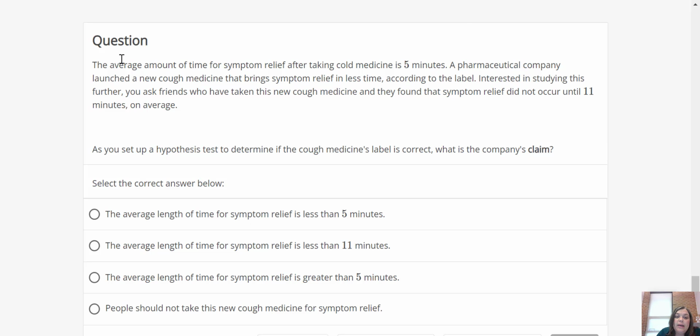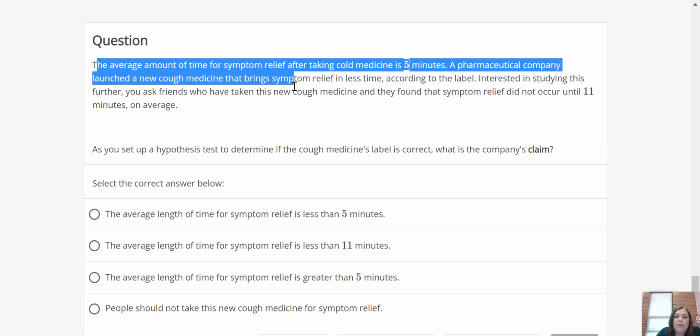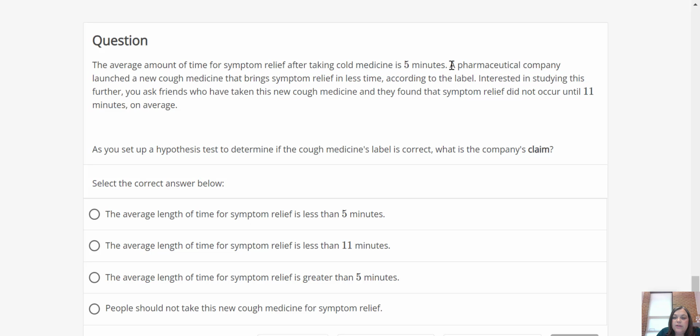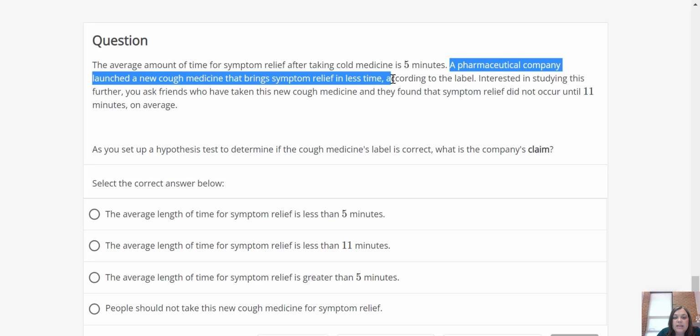So the pharmaceutical company launched a new cough medicine to bring down symptom relief in less time than the 5 minutes. So the claim the pharmaceutical company is making is that the average length of time for symptom relief is less than 5 minutes.